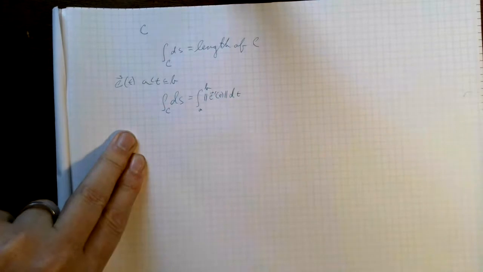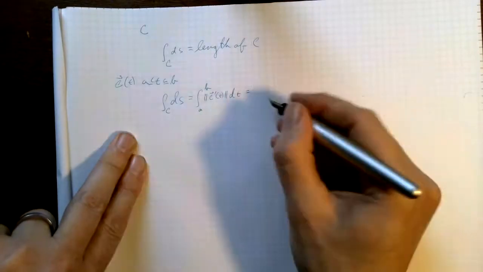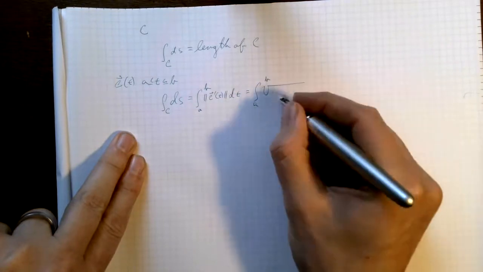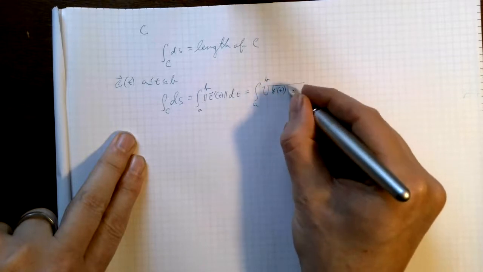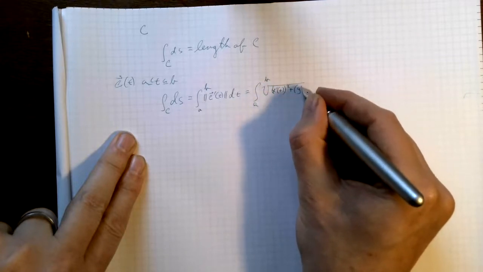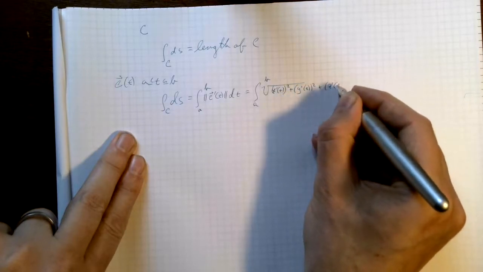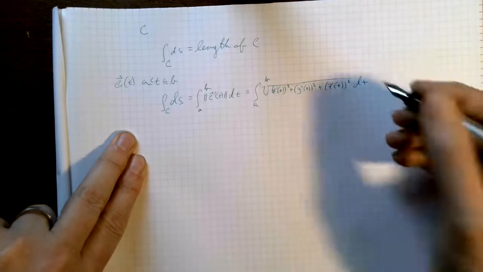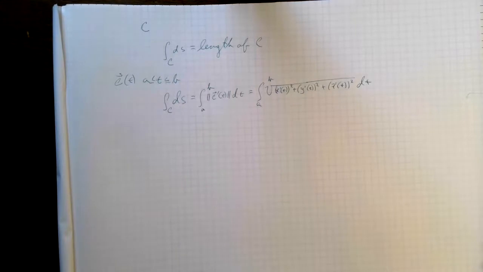So in terms of x, y, and z, it is the square root of x prime squared plus y prime squared plus z prime squared, square root dt. It is annoying. Those square roots do become annoying.